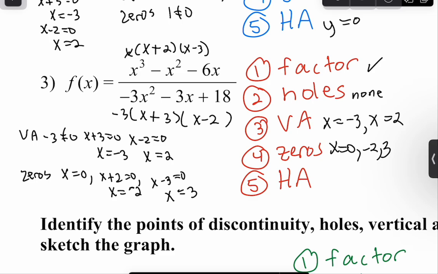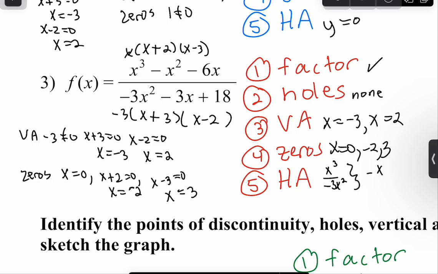Now remember our horizontal asymptote requires that we look at our top and our bottom lead term. The lead term on top is x cubed. The lead term on the bottom is -3x squared. When the lead term is higher in the top, think about how it reduces down.